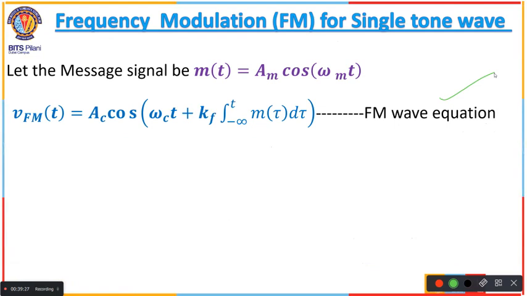You are converting your amplitude to frequency. So what we use to generate a frequency modulated wave is nothing but a circuit which converts your amplitude to frequency variation. That's all. That's the circuit we are going to use.